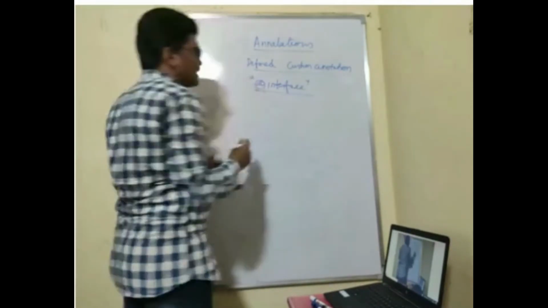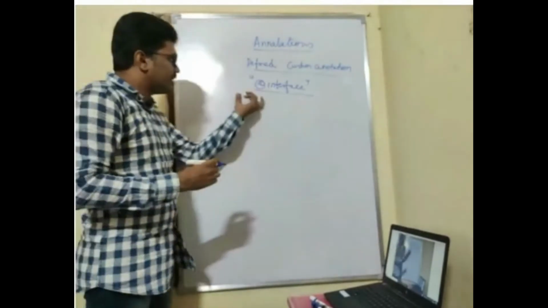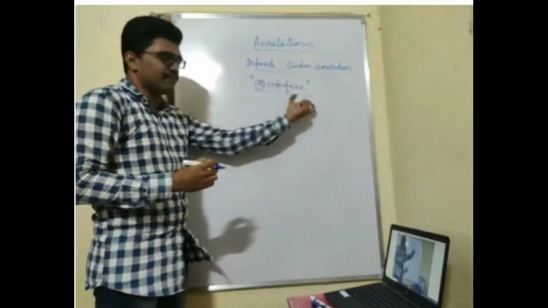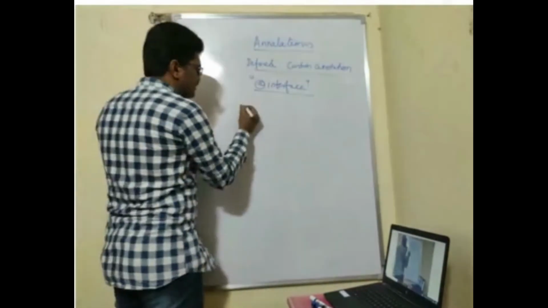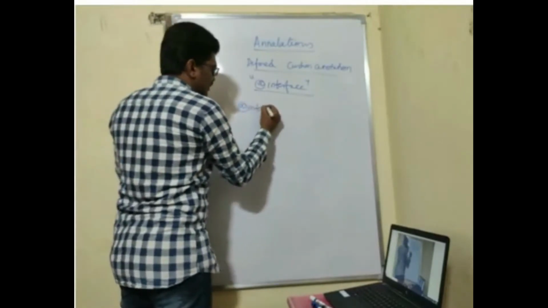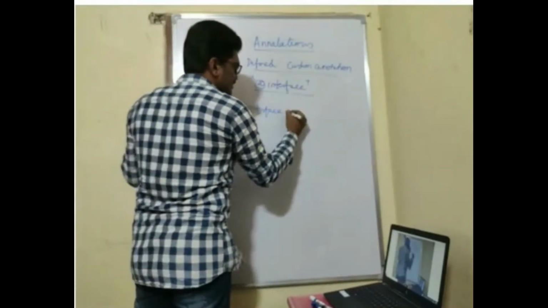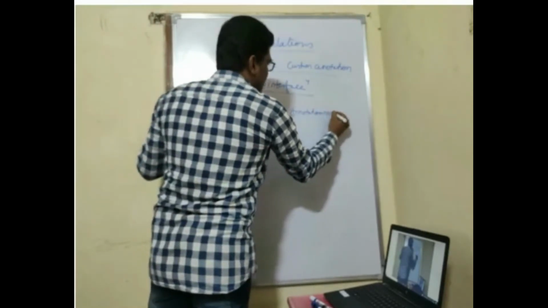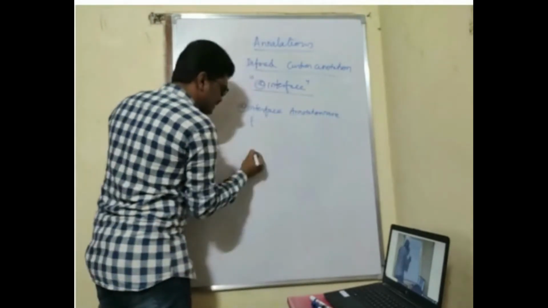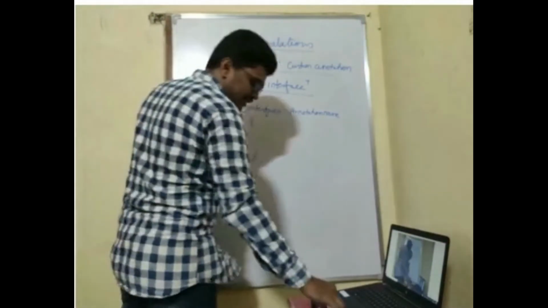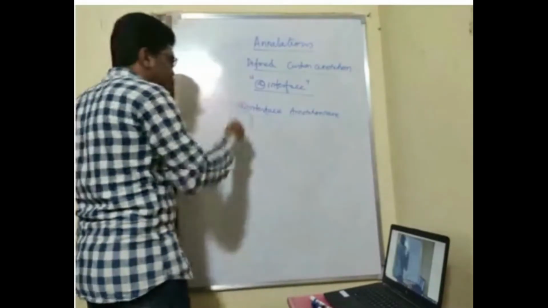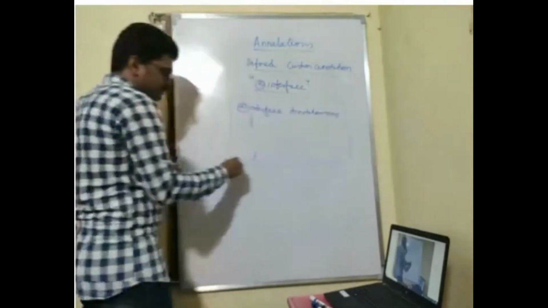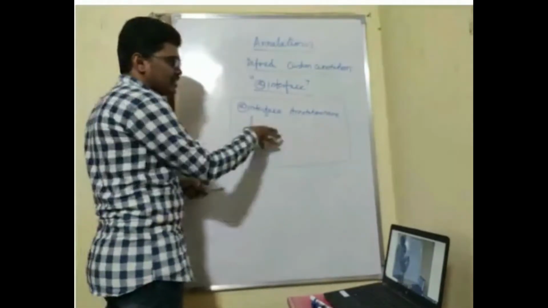Custom annotations are defined with the keyword @interface. So how you have to define it is @interface, annotation name, braces. This is the basic syntax for defining a custom annotation.